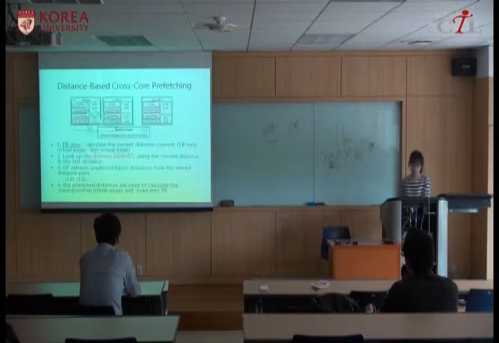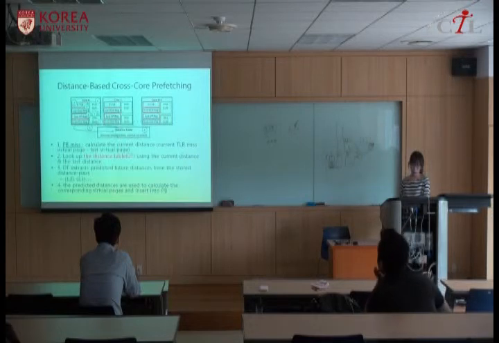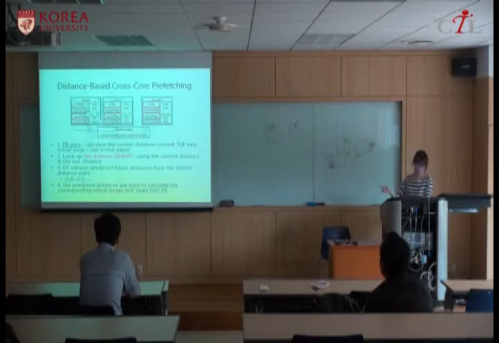They use a distance table. It is shared among cores, and they have some information like 1, 2 or 2, 1, like this. This is a page number? 1 is the previous stride and 2 is the next stride.